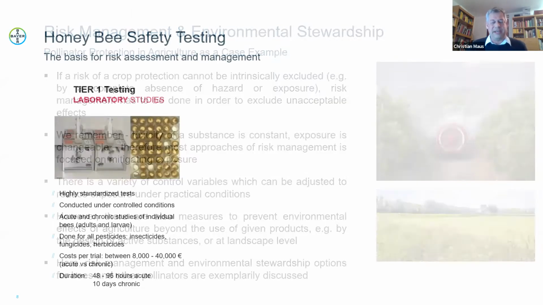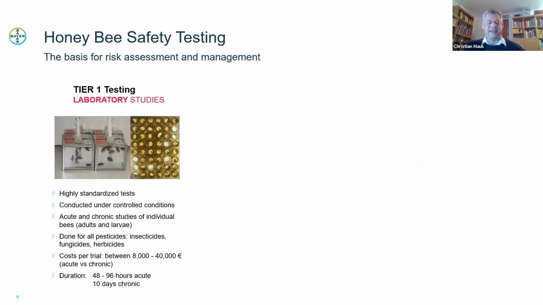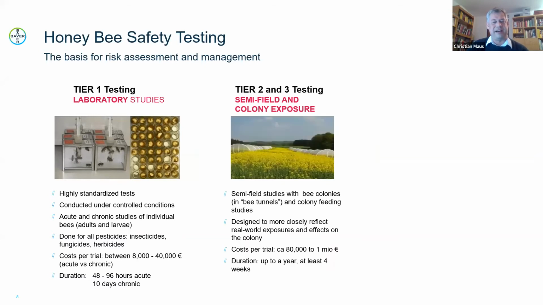So, of course, the risk management starts with determining the risk that a substance has. And now we look, in this case example, how this is done for bees. Like always in environmental testing and risk assessment, we have a tiered system, with simple tiers of lab studies in adult bees and in bee larvae where needed, followed by semi-field and colony feeding studies.